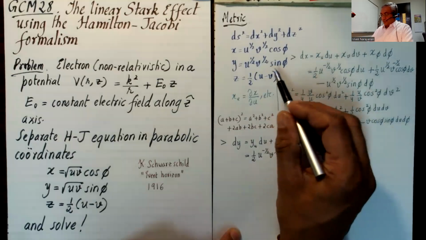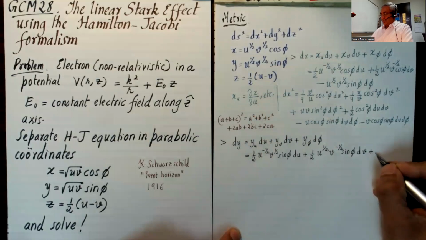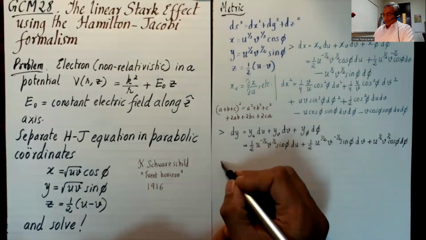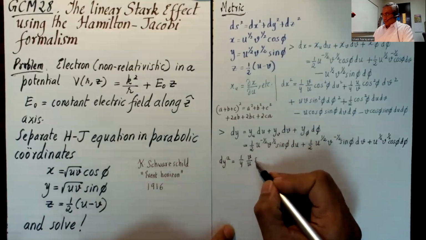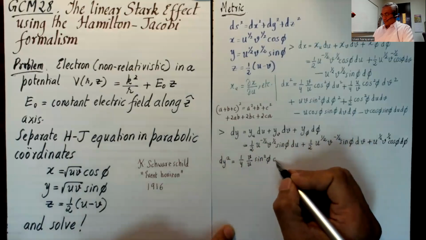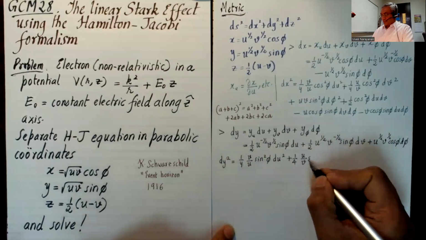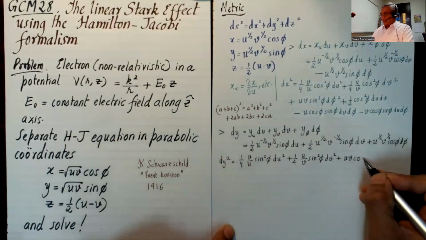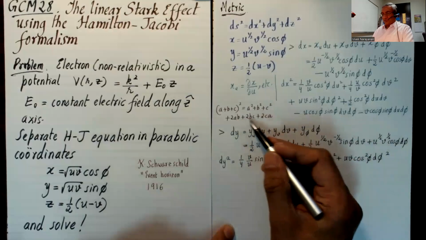And then when I do y with respect to phi, I'm going to get cosine phi. Then I square it. And then I have these cross terms.